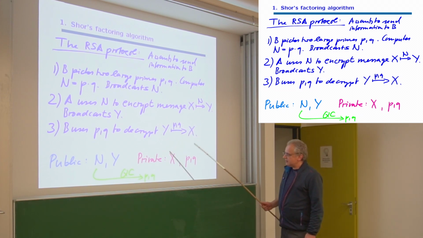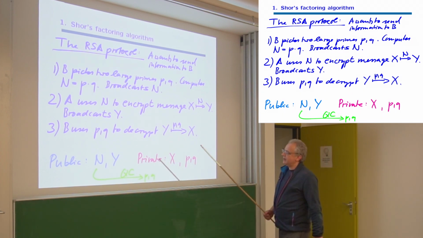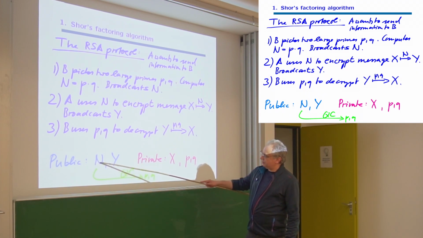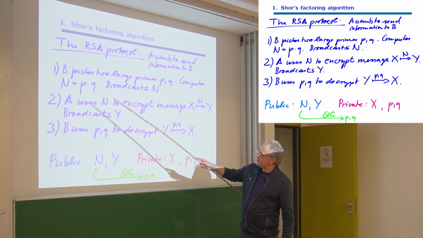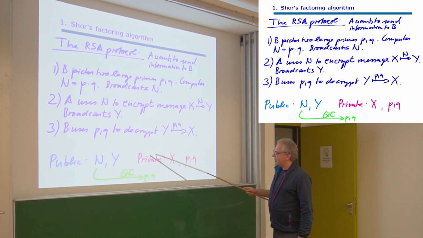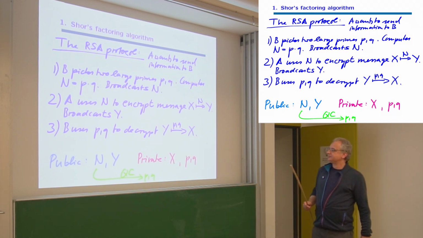Let's review what's public and what's private and what an attack on this protocol could be. Public is this product of primes and the encoded message. Private is the clear message and these factors.